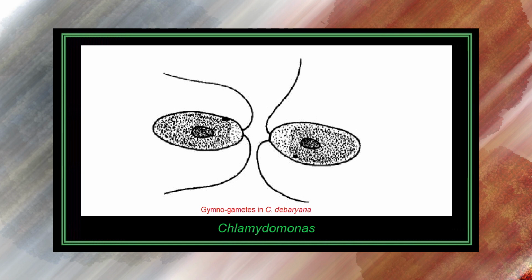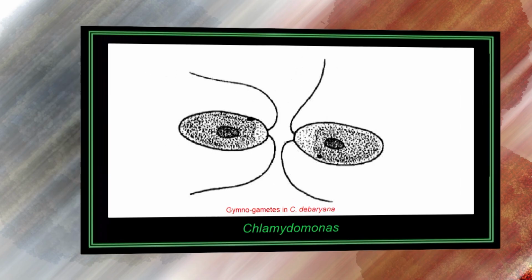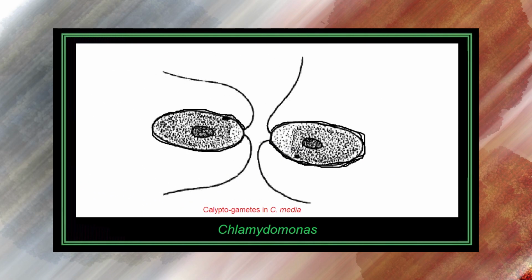Or there can be heterothallism, that is, positive and negative gametes come from different parents. The gametes may be naked, called gymnogametes, as in Chlamydomonas debaryana, or covered by a cell wall, called calyptogametes, as in Chlamydomonas media.